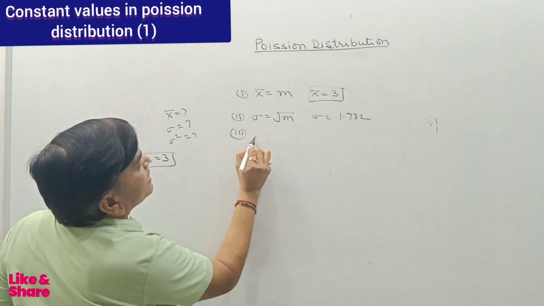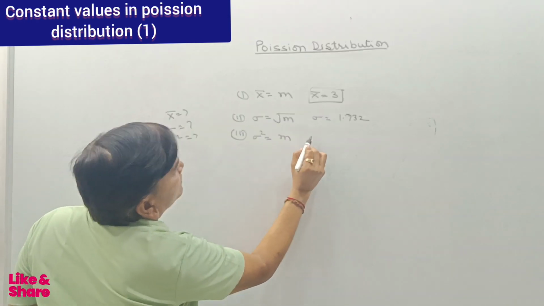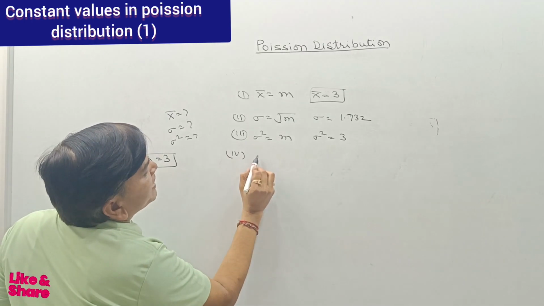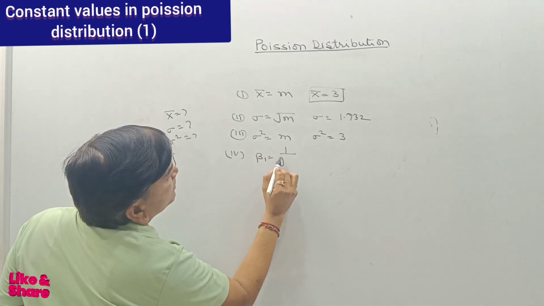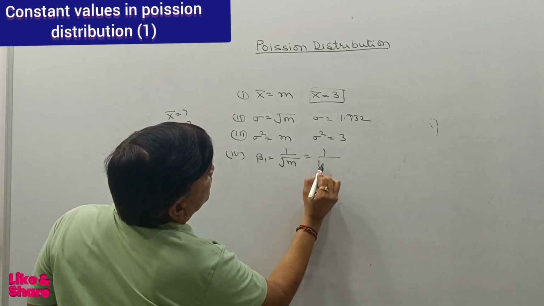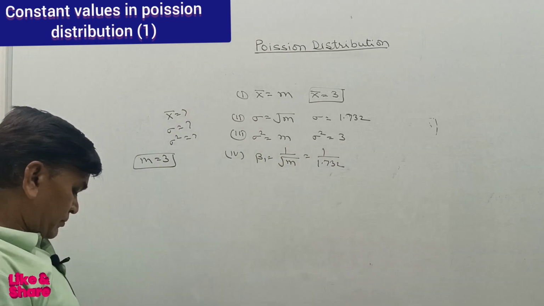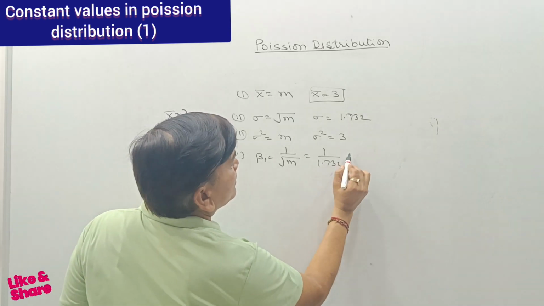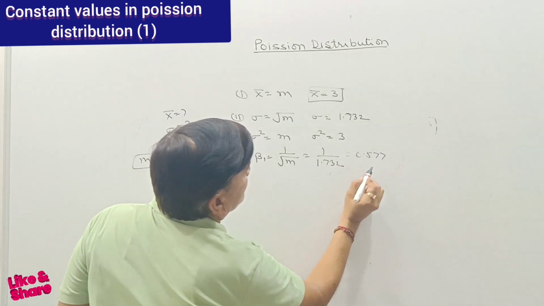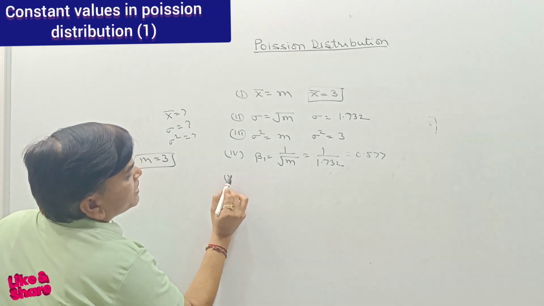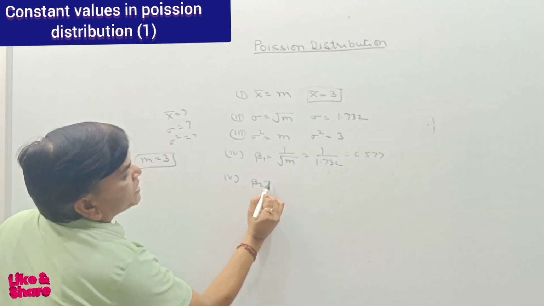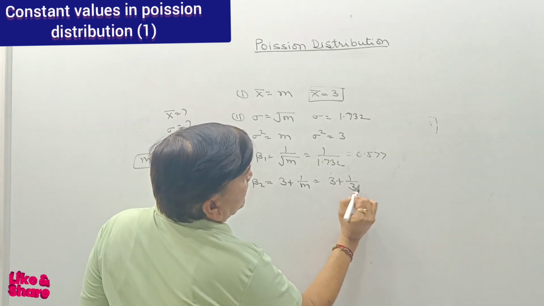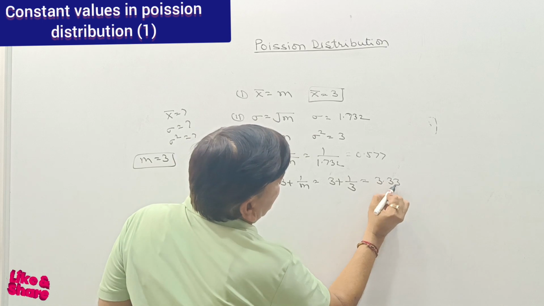Third measure is variance, that is m, so the variance value will also be 3. Fourth is measure of skewness, that is beta 1, that is 1 upon root m, that is 1 upon 1.732, which is 0.577. Next is beta 2, that is kurtosis, 3 plus 1 upon m. So 3 plus 1 upon 3, that is 3 plus 1/3.